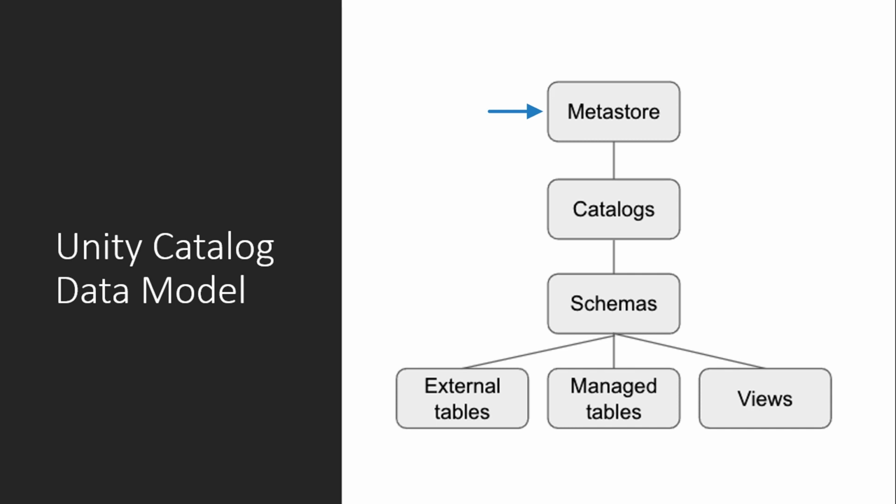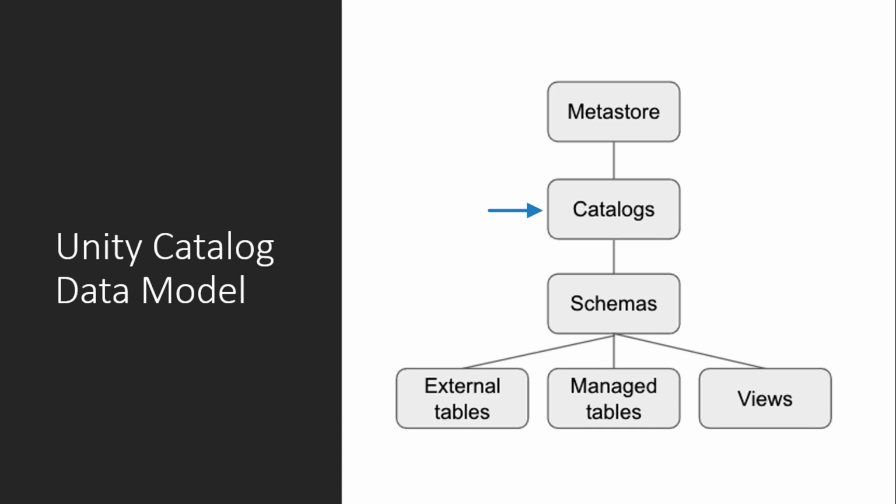Metastore is a root storage location of the Unity Catalog where everything is stored. In a typical case, you will create only one metastore. However, you can have two or more metastores. But sharing data and permissions across metastores requires using the Delta Sharing feature. So it is recommended to have only one metastore for your department.